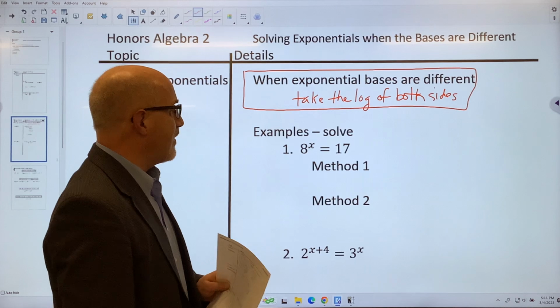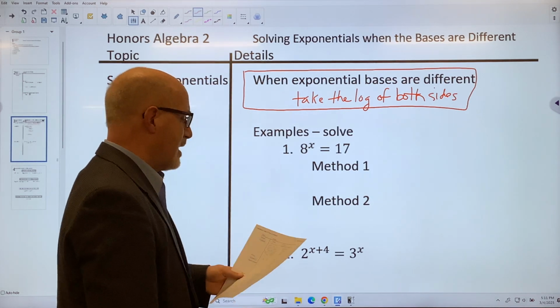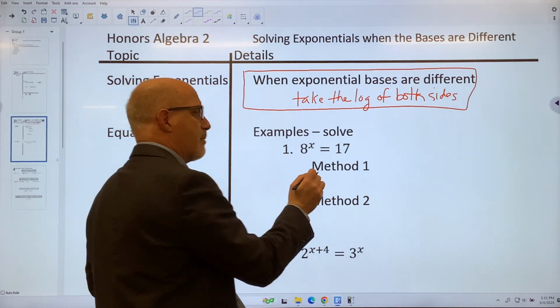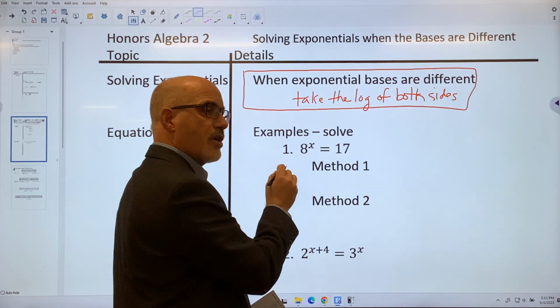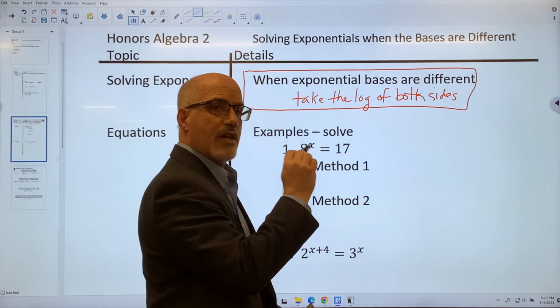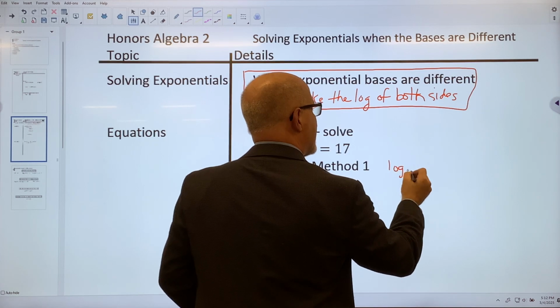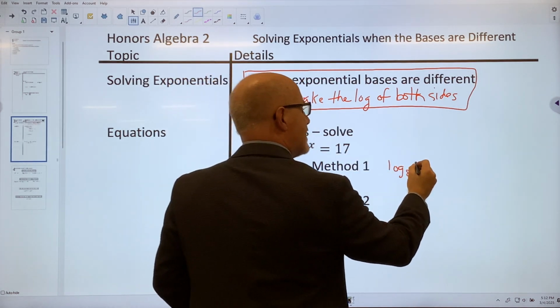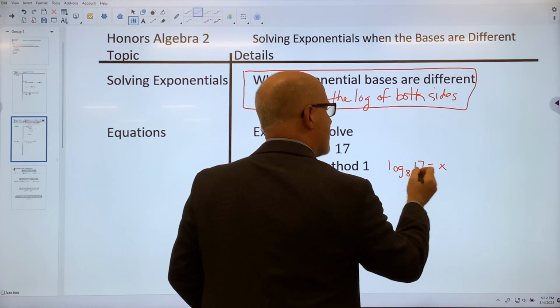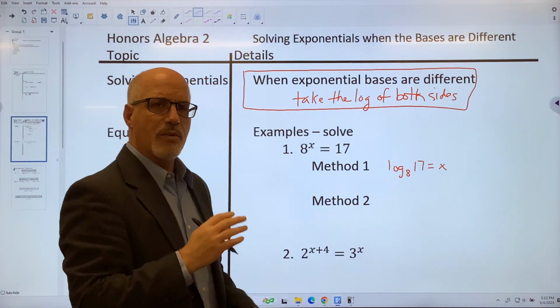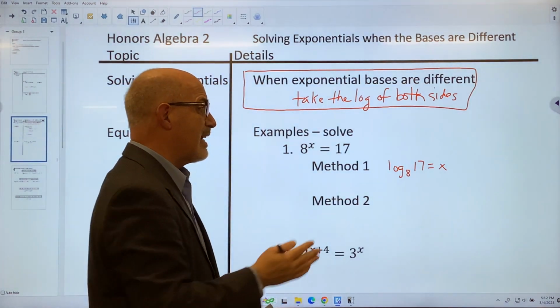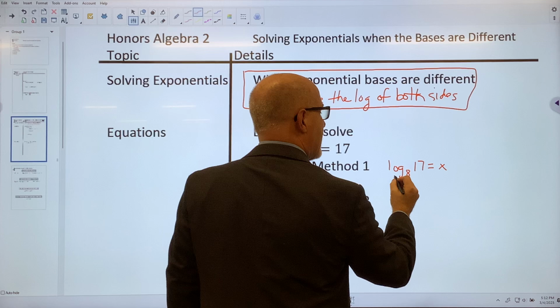So first of all, if we have 8 to the x equals 17, to solve this one, the first thing I'm going to do is use just our circle tool and set it up into a log. So we're going to say log base 8 of 17 is equal to x. Notice that's the easiest way to do this one when it just has it on one side. And now I can use my change of base theorem.